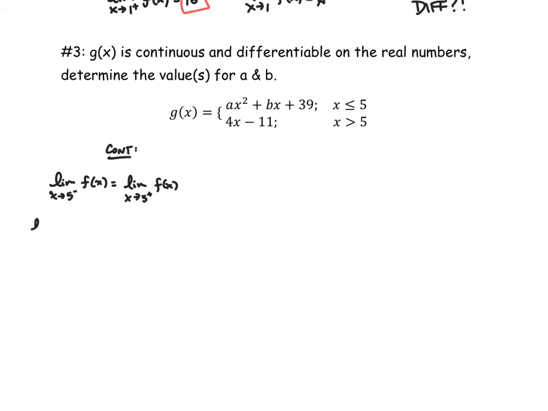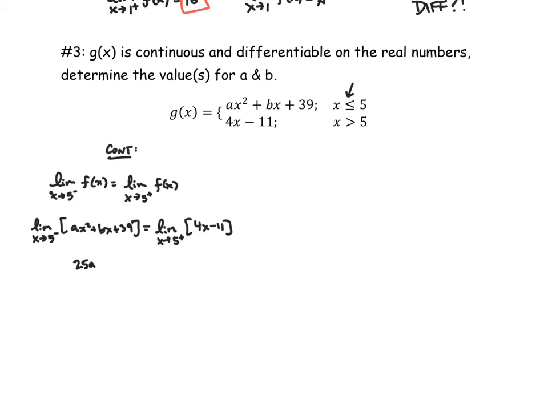So this would be the limit as x approaches 5 from the left of this function, ax squared plus bx plus 39. So I know the limit of that as x approaches 5 should be equal to the limit as x approaches 5 of 4x minus 11. So I'm going to plug 5 in for x and see what I get for an expression.